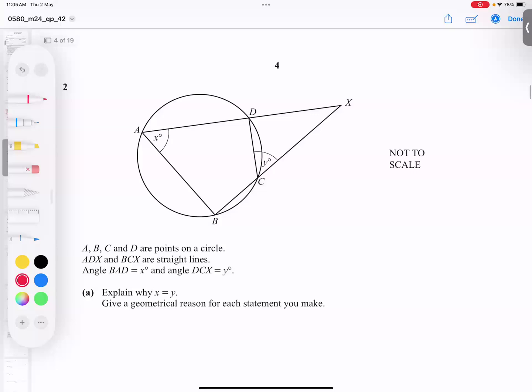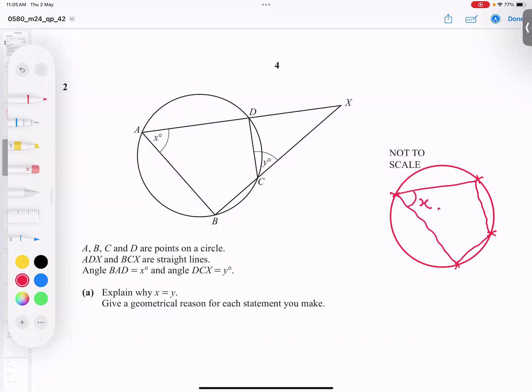Number 2, circle properties. He's saying ABCD are points on a circle. Keep in mind all four points lying on a circle behave like a cyclic quadrilateral, and I must show the diagram. If A lies here, B lies here, C lies here, D lies here, this will behave as a cyclic quadrilateral.